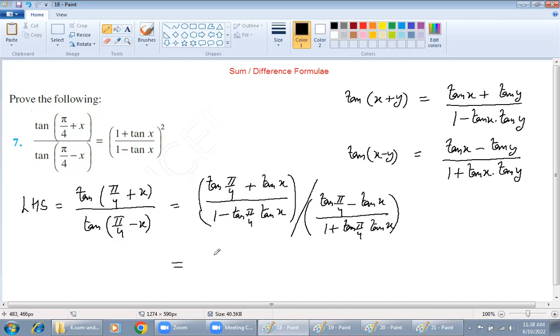So this is equal to tan pi by 4 means tan 45 degree, which is 1. So this is 1 plus tan x upon 1 minus, this is also 1 into tan x, so tan x. This divided by, again tan pi by 4 is 1 minus tan x divided by 1 plus 1 into tan x.